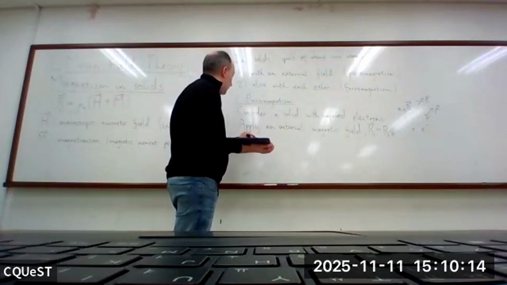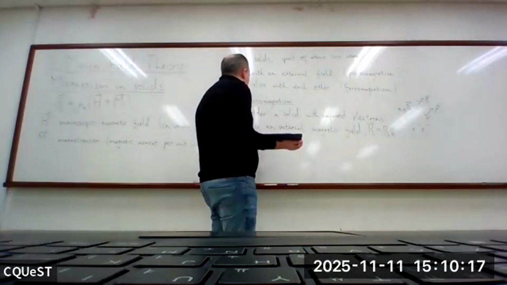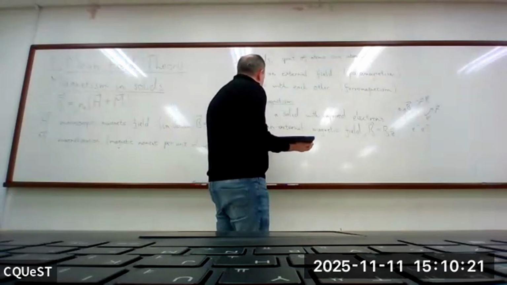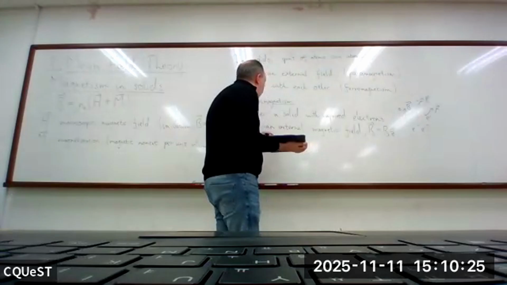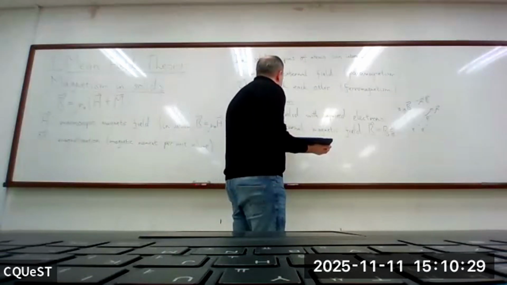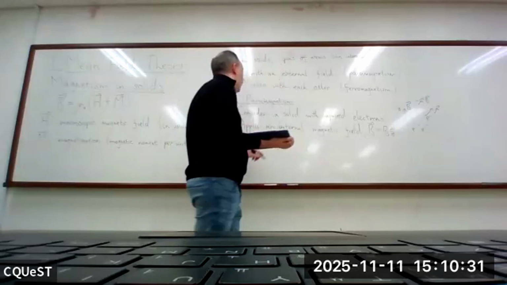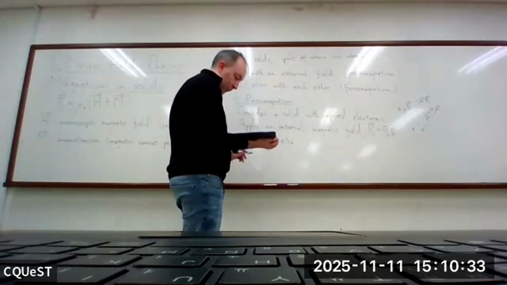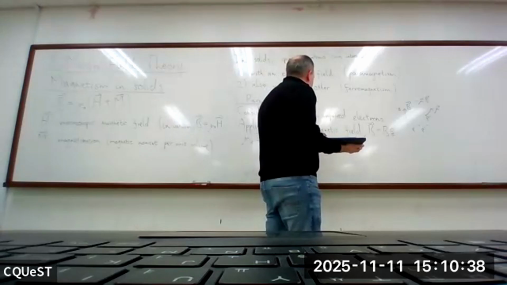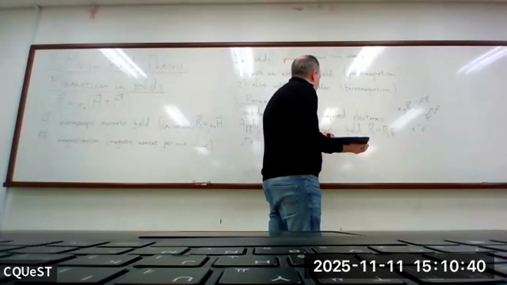This is given by minus, because the electric charge is negative, some g factor times the Bohr magneton times the spin eigenvalue in the z direction, where mu_B is just e h-bar over 2 electron mass.